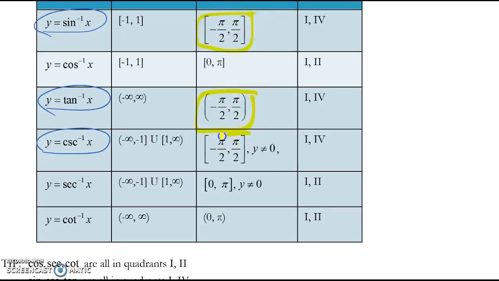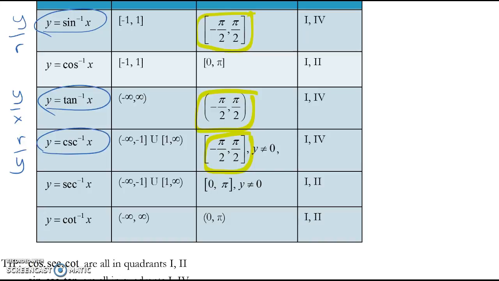Okay? And all of these functions, if we think about their values, have a y in the numerator. This is y over r, y over x, and r over y. These are all of the functions that are either only focused on y or have y in the numerator.